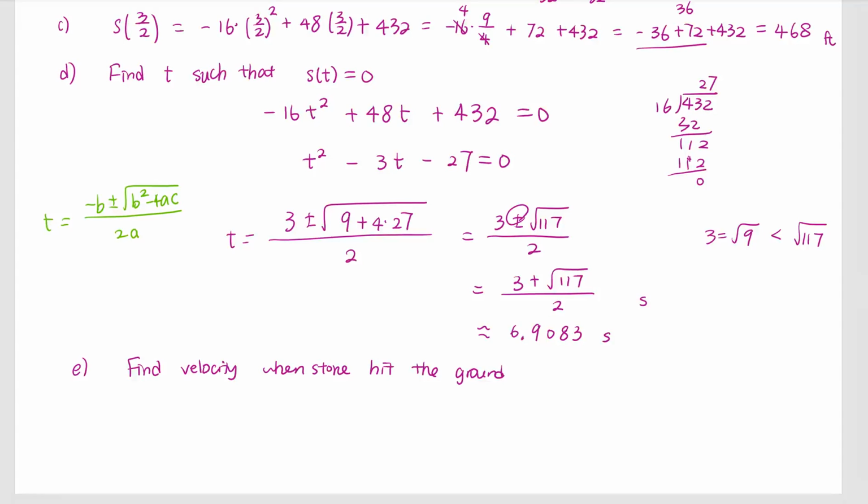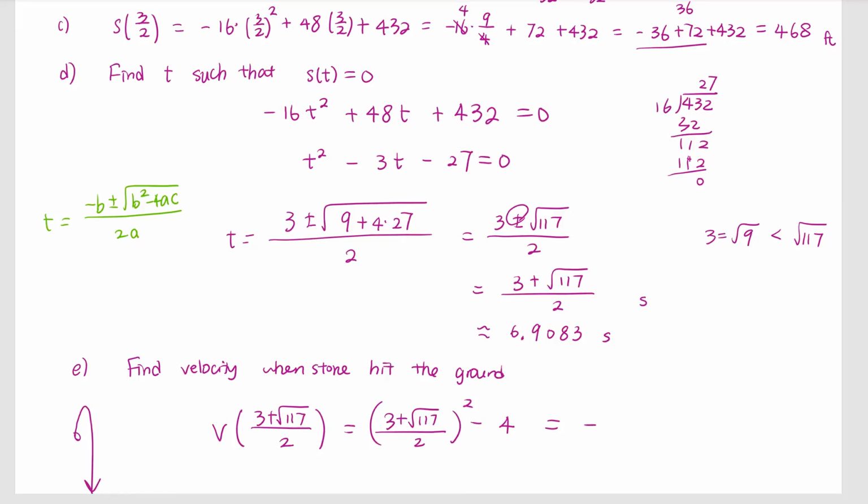We plug this time into our velocity function. Okay, so that is t squared minus 4. I know the answer is going to be negative because the stone went up, so we know this is going to be a negative number.